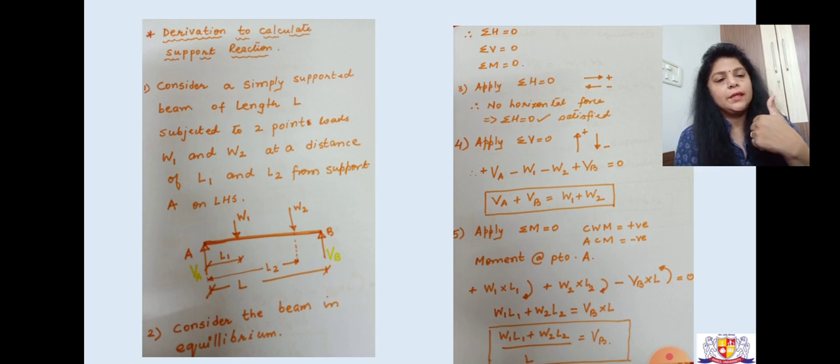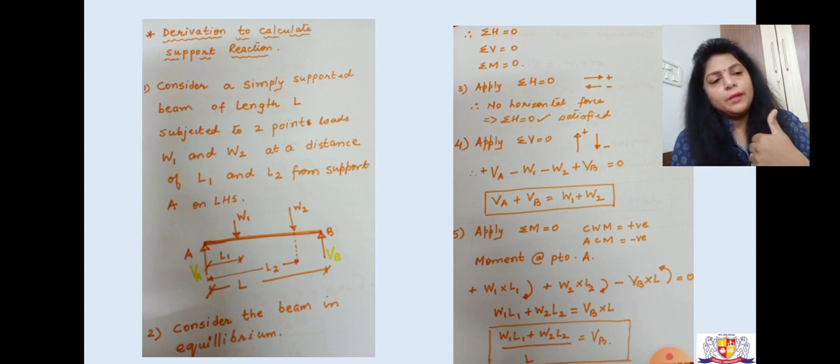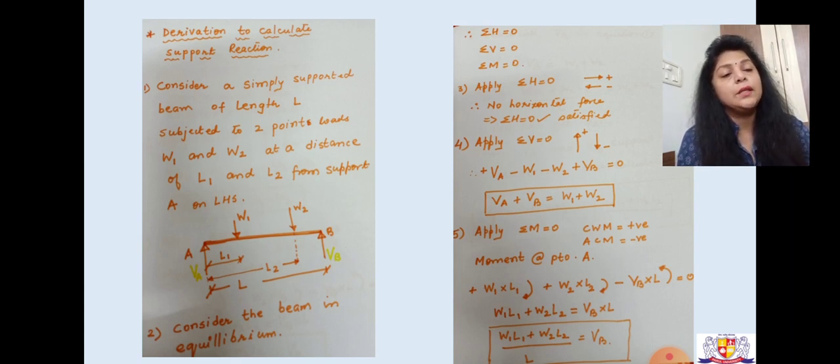So what you can see is VB into L with a negative sign because it is anti-clockwise. So now what we get? W1L1 plus W2L2 minus VB into L. Now I want to find out the reactions, which are produced at the support.